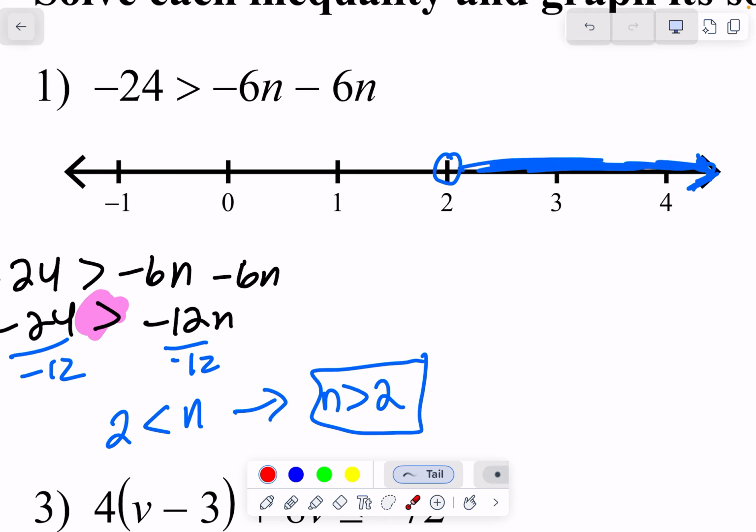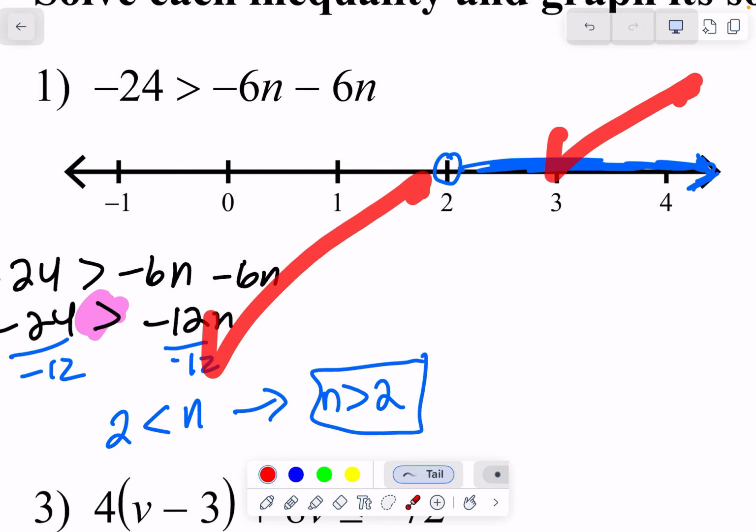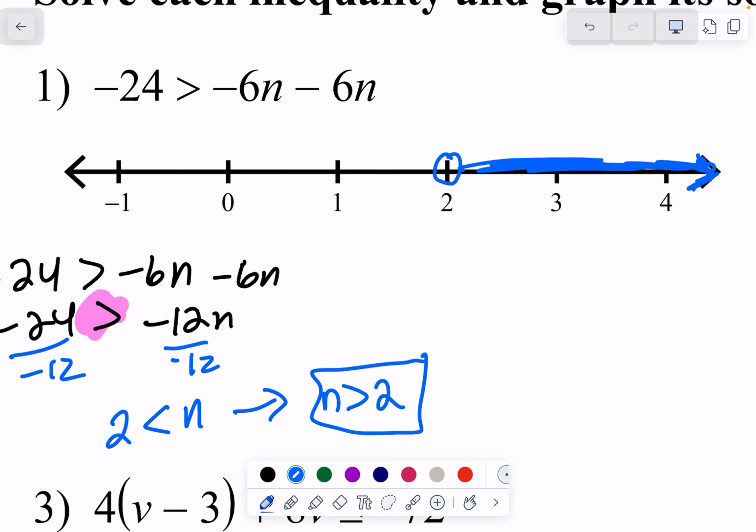Okay, the last step is to write it in interval notation. So remember what you're doing. Step 1, you're solving. Step 2, you're graphing. Step 3, we want interval notation. Write your variable, put equals, and then we write the interval. Just think, it follows the number line from least to greatest.